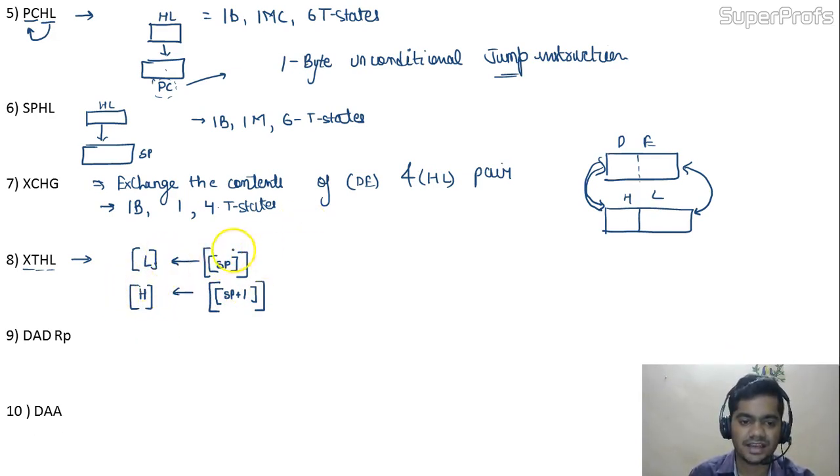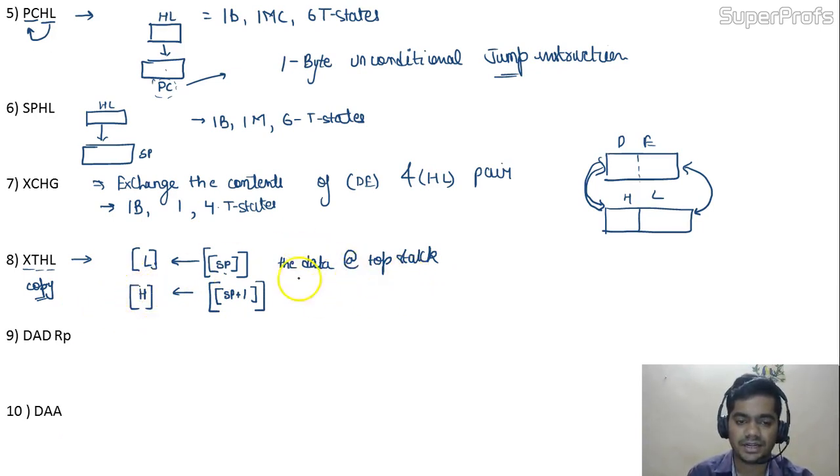So with this we are able to copy it. Here we are doing the copy operation, that is the content present at stack pointer, that is the data at top of stack would be transferred to L register, and the data which is present in the next address of the stack pointer would be transferred to H content.